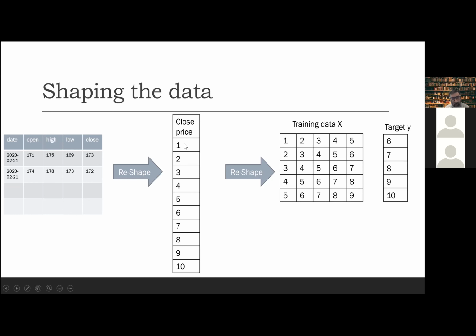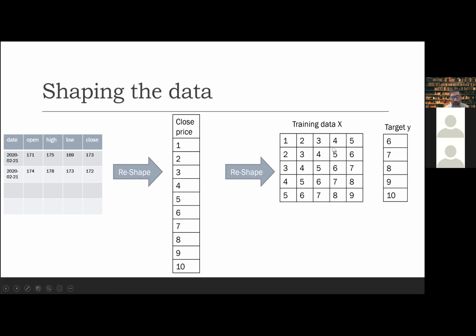This means the close price at the first row, then the second row, then the third row. Then you reshape this data into an array of 5 data points, and take the value from the 6th row and use it as a target.